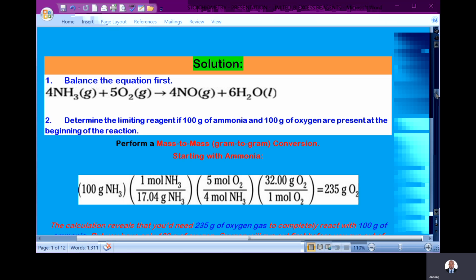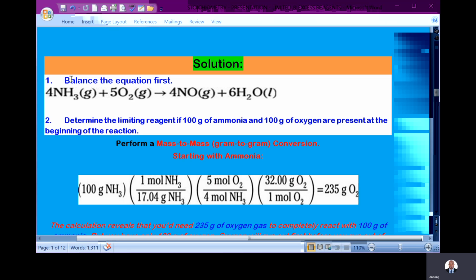Secondly, you can use the method of dividing the mass of ammonia by its molar mass. The mass of ammonia that was given is 100 gram, divided by its molar mass, which is 17.04 gram. We will have the moles of ammonia.